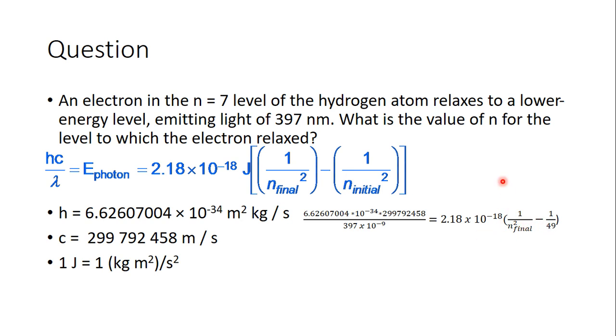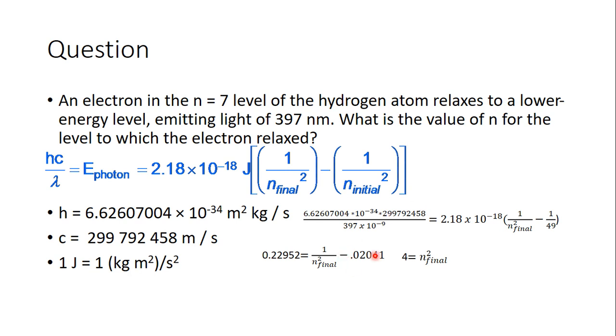That's our variable. Okay. So what I'm doing here is I've just gotten 1 over 49 minus 1 over n squared final equals 0.02. So all I did was distribute this 2.18 times 10 to the minus 18 to each part of this equation, solve this part of the equation numerically, and then I had 2.18 times 10 to the minus 18 over n squared final, so I just got n squared final alone.